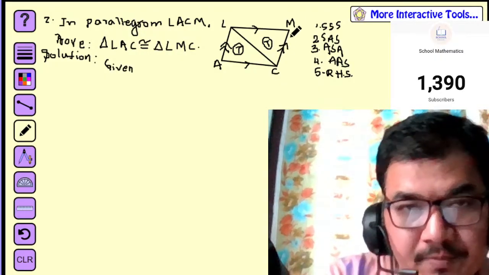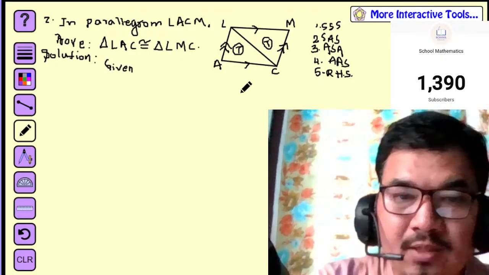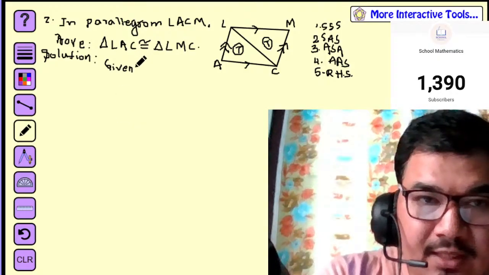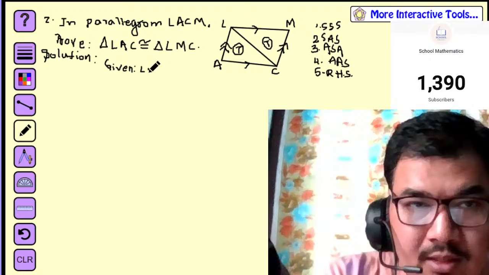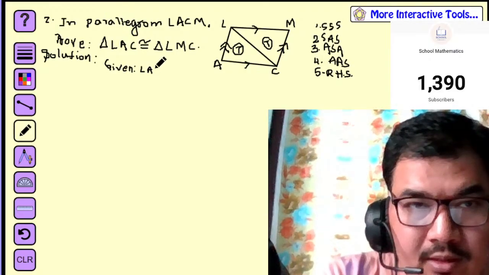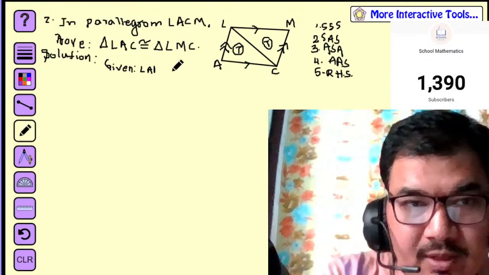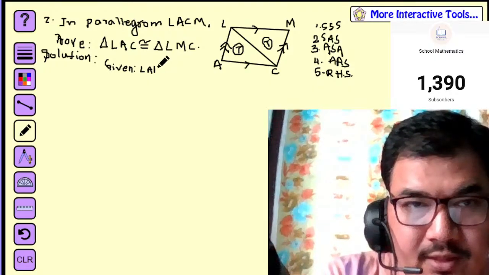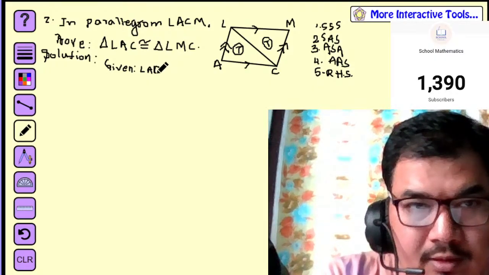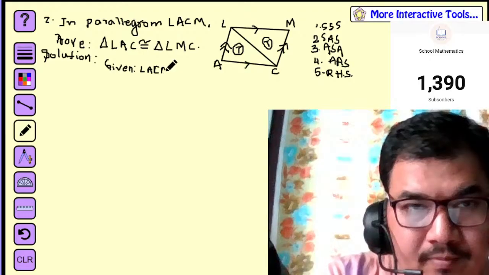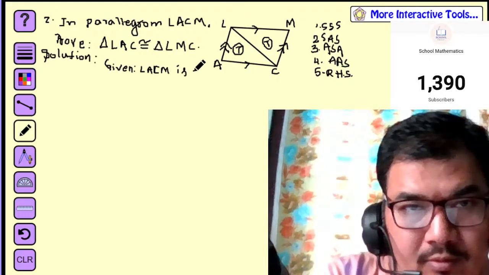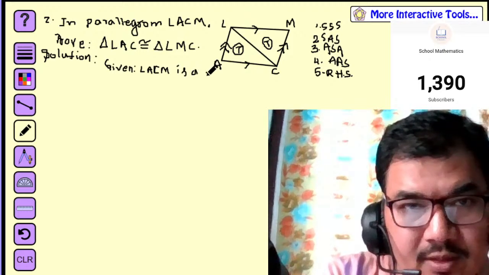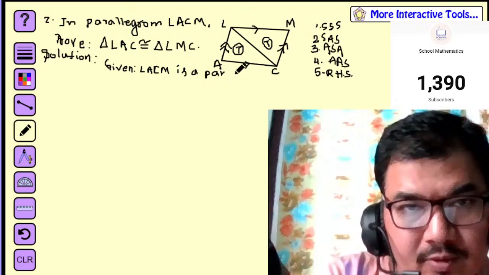MC, these two sides are given parallel also. Here it is given that LACM is a parallelogram. It is given in the question, so write it.